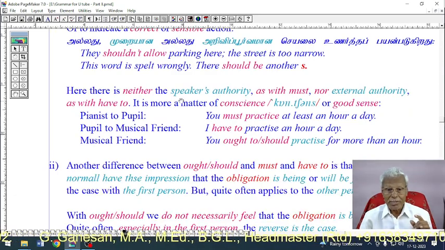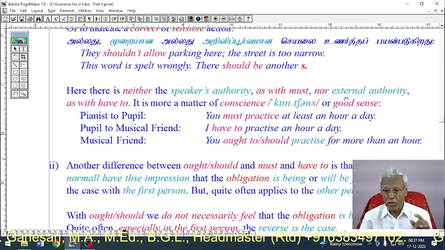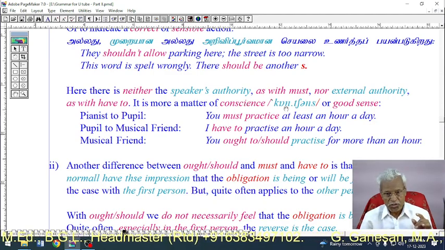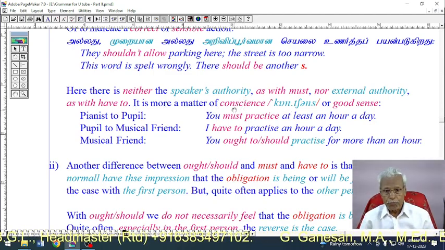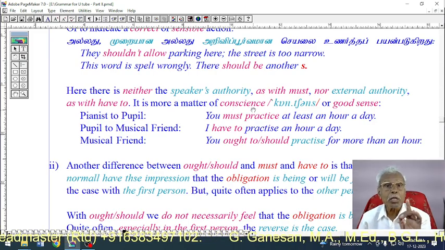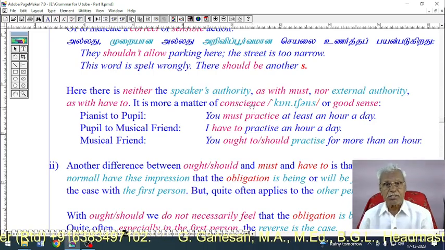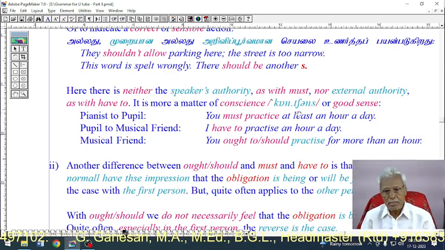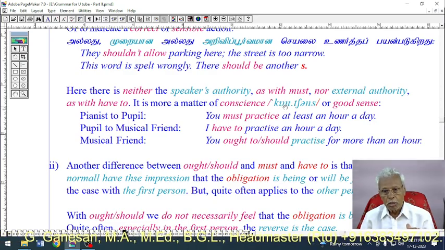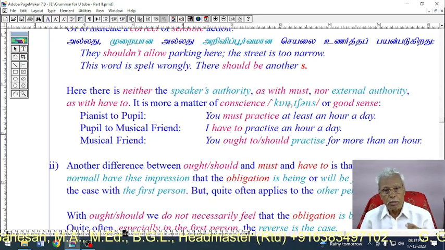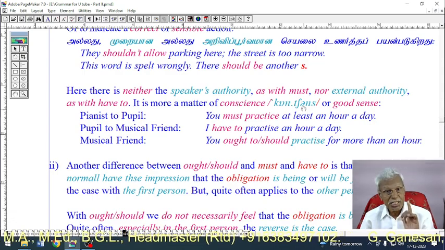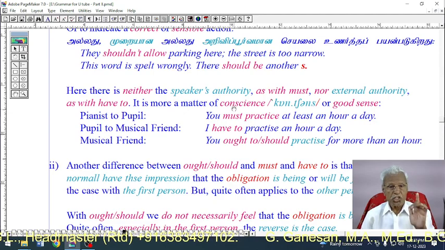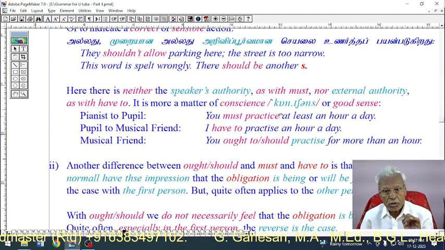Here there is neither the speaker's authority as with must, nor external authority as with have to. It is more a matter of conscience. Dear students, this word conscience, we should not pronounce it wrongly.